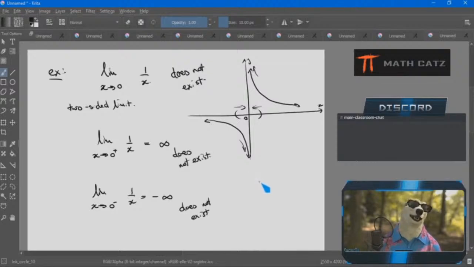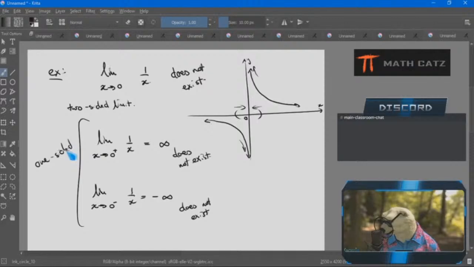We didn't know what to do at that stage, but we wanted to say more because we knew it was infinity of some kind. The two-sided limit really can't say anymore, even though it wants to. We understood it didn't exist. We wanted to say more. But when we have the one-sided limits, we can now be more specific. We just couldn't do it at that stage. So we need to go back.